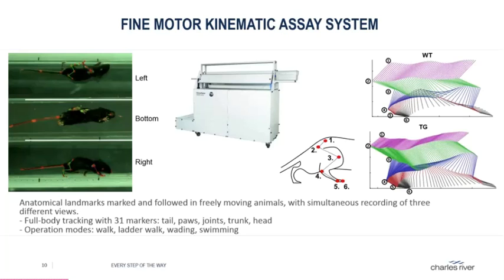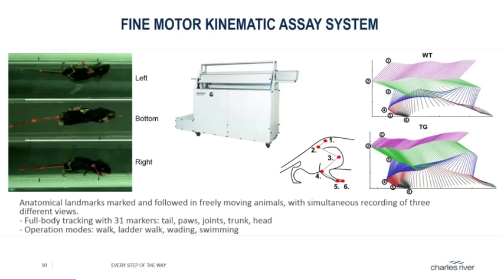On the left side, you can see images of a mouse walking in the alley of the motorator apparatus. The images are recorded with a high-speed camera simultaneously from the left and right side of the mouse, as well as from the bottom. Full body tracking can be done using 31 markers, reflecting movements of all major body parts of the animal.